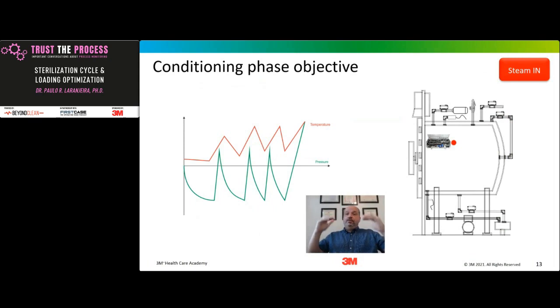It's going to cool down, and as it cools down, it's going to convert to condensate, and then the vacuum pump is going to remove that water as condensate and also as gas. So this process is going to take more time if I have more condensate inside of my chamber. All right?